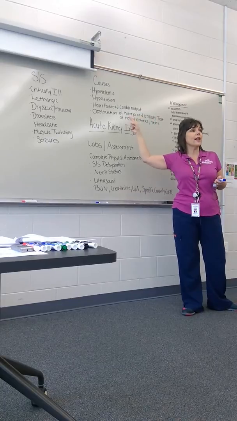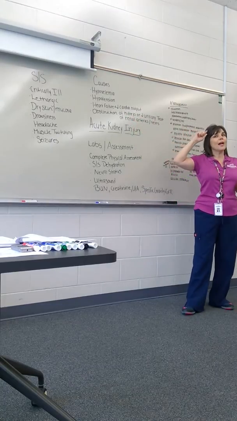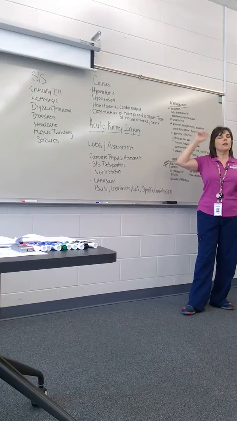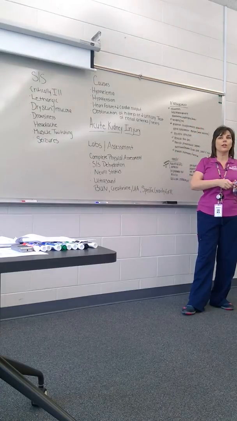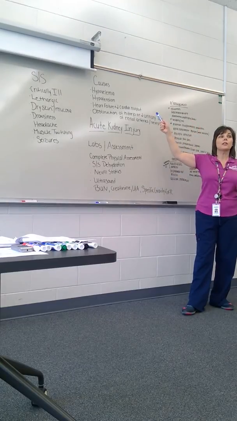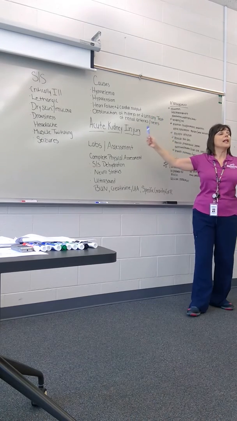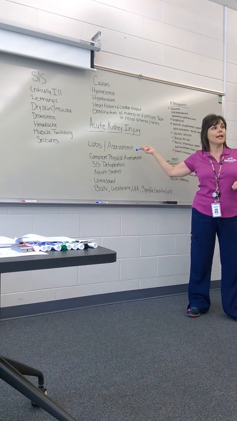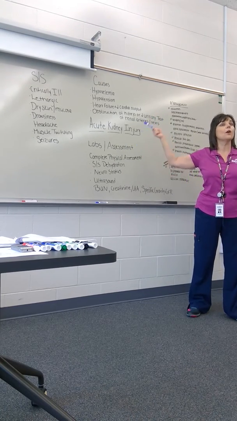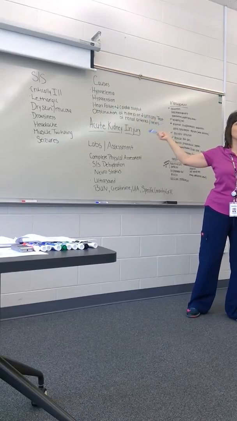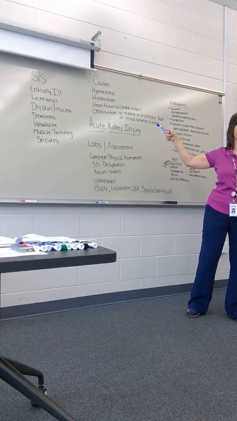So if some of you all go to work on a burn unit, these folks can have kidney damage. If acute kidney injury is not managed, then it can go into chronic, okay? If we don't get a hold on it, it can go into chronic.